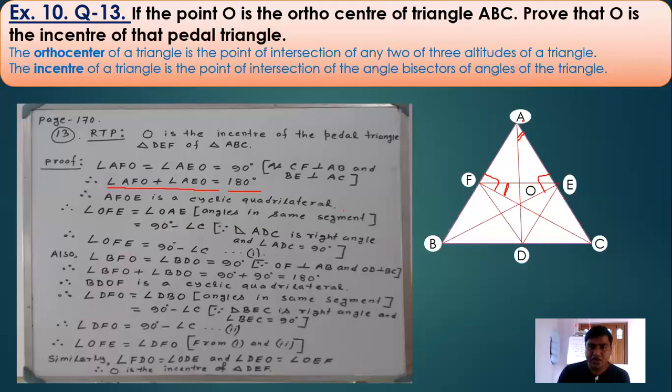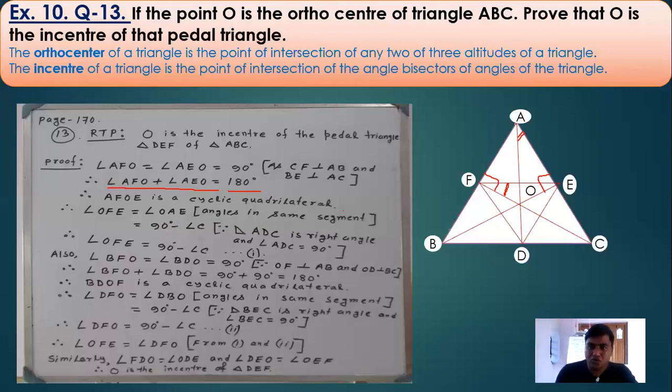These 4 points AFOE lie on a circle, and these two angles are formed by the same arc. We know the angles in the same segment are equal. So therefore, these two angles are equal.